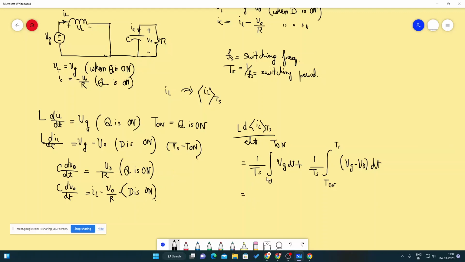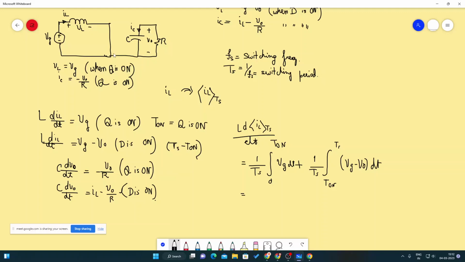So what we will consider here is that, as I said at the beginning, since the output is DC and the capacitor is large enough and the inductor is large enough to keep the inductor current and the capacitor voltage very close to a constant value.